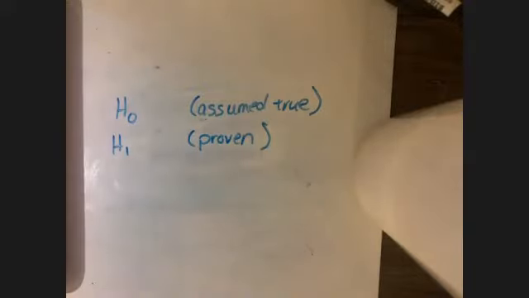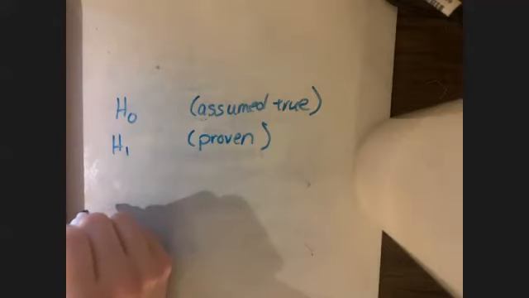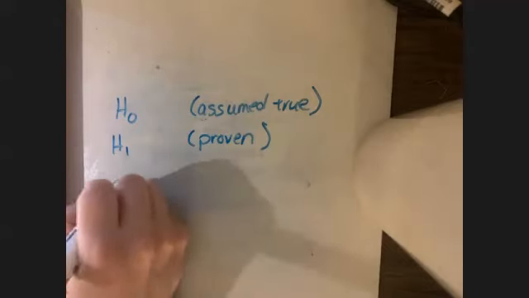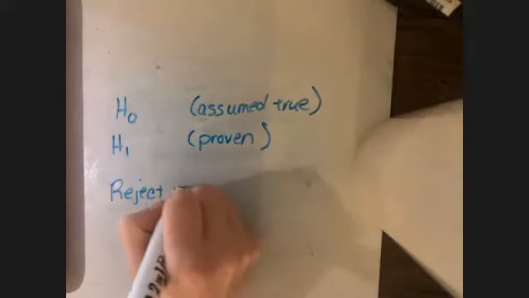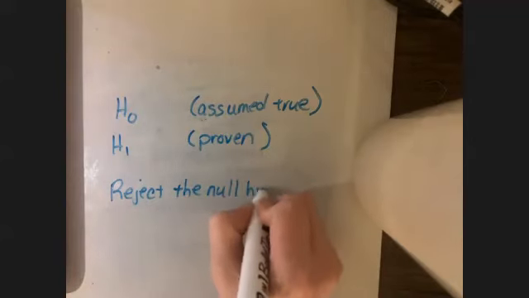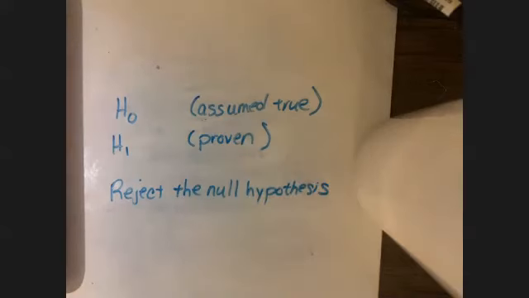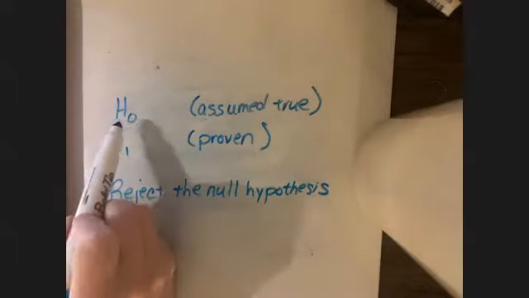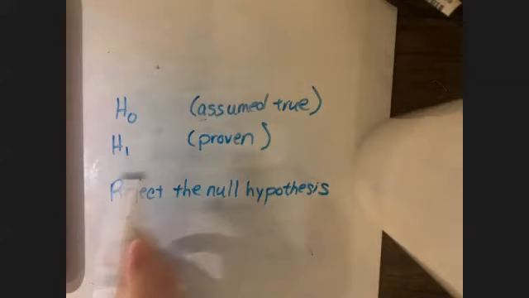Now, with that being said, when we get down to the end of this, the way that they're going to state this is you will either say reject the null, or reject the null hypothesis, okay? And when you say this, you're saying I'm getting rid of H naught and I'm going to H1.